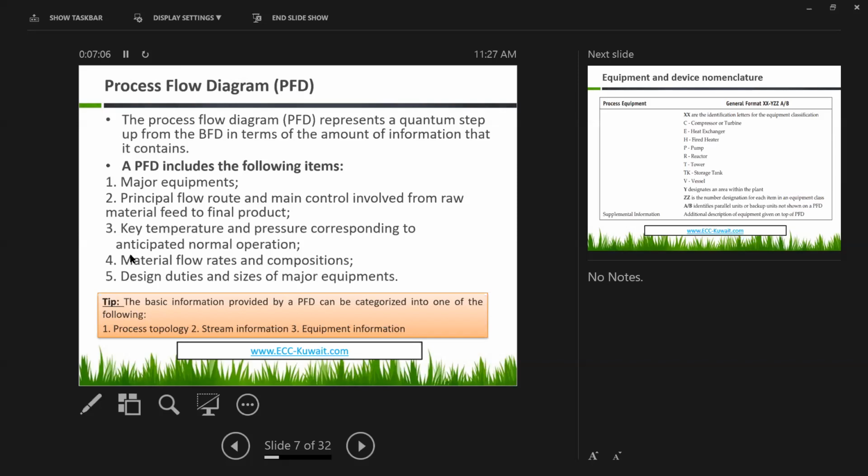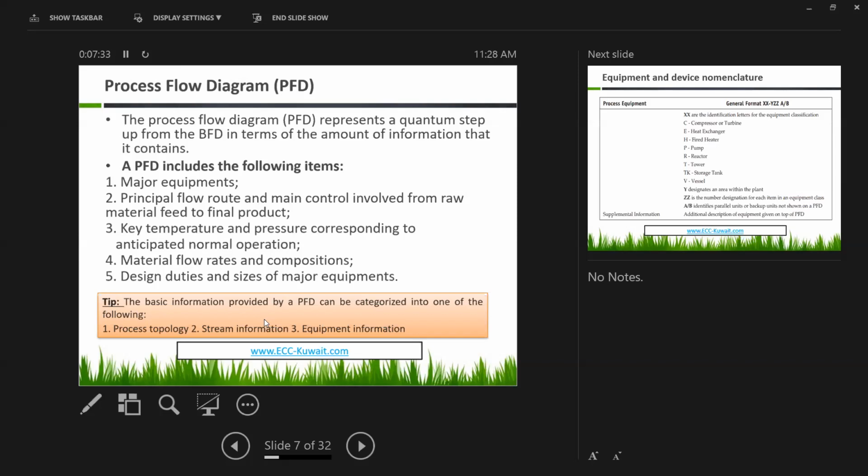But we have the piping and instrumentation diagram, and we can show everything regarding the control and instrumentation in this diagram. Key temperature and pressure corresponding to anticipated normal operation. You have to put the temperature and the pressure for most streams, especially the main streams. Material flow rate and composition also should be shown in the process flow diagram.